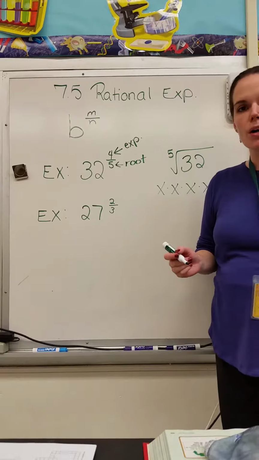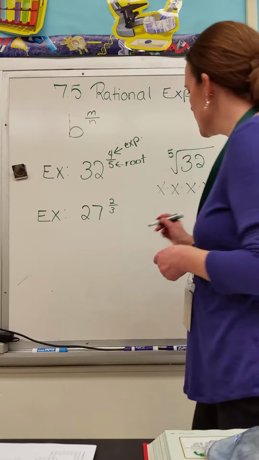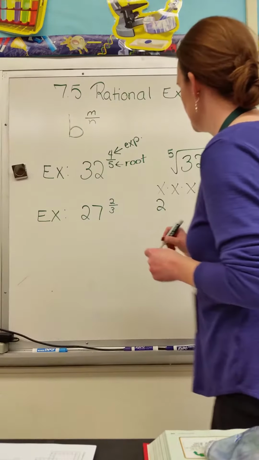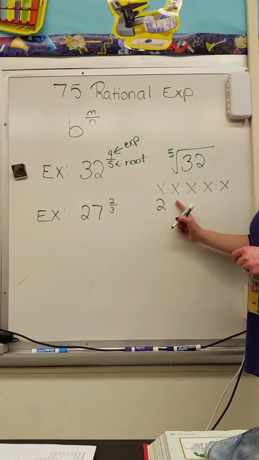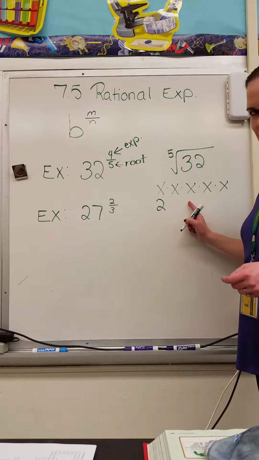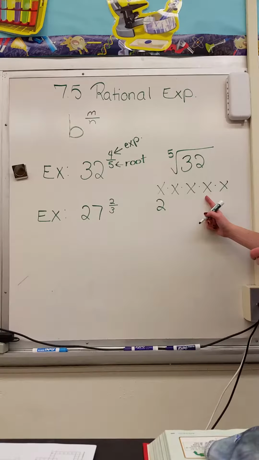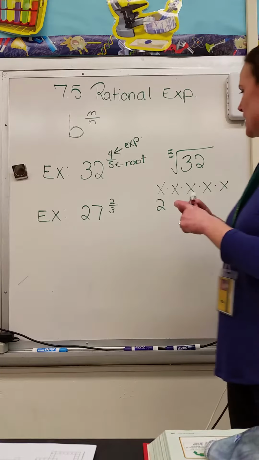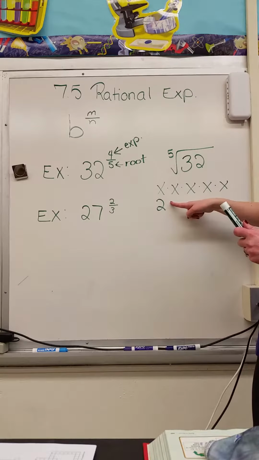I would start small in guessing. So 2 times 2 would be 4, times 2 again would be 8, times 2 again would be 16, times 2 again is 32. So the answer to this is 2.